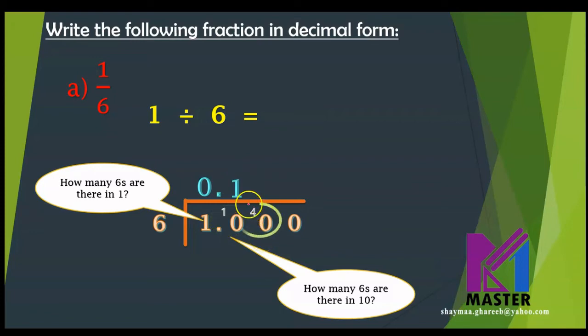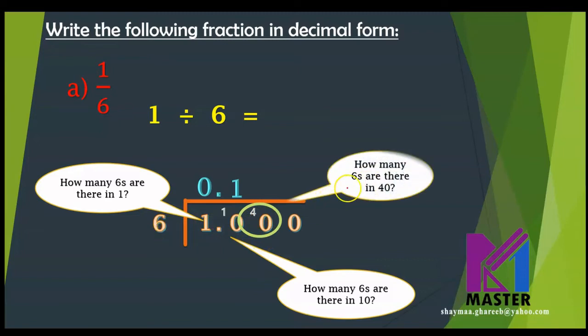Now I have number 40. 40 divided by 6. How many 6's are there in the 40? There are 6 6's in the 40, which is 36, and the remainder will be 4. So the answer will be 6, remainder 4. I will write the 6 up here.